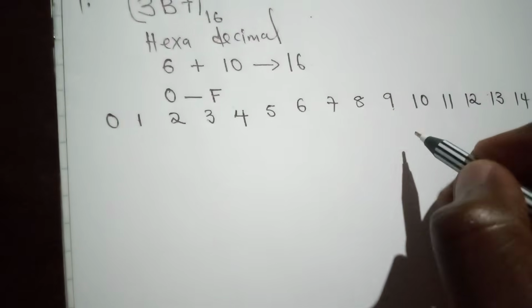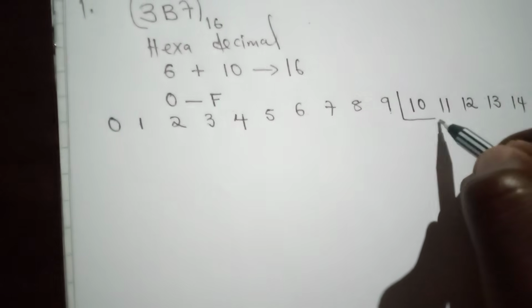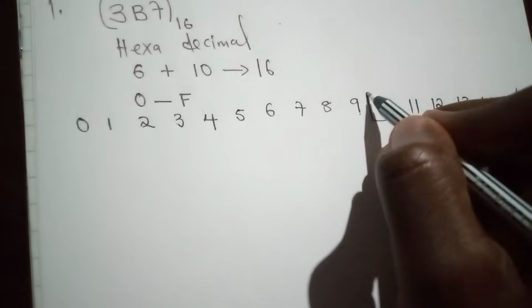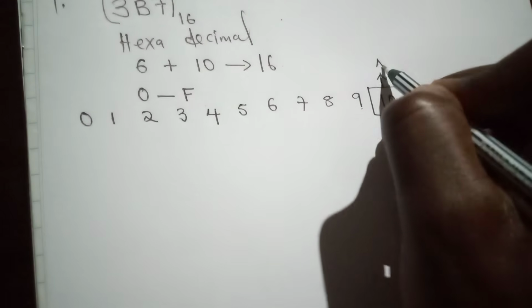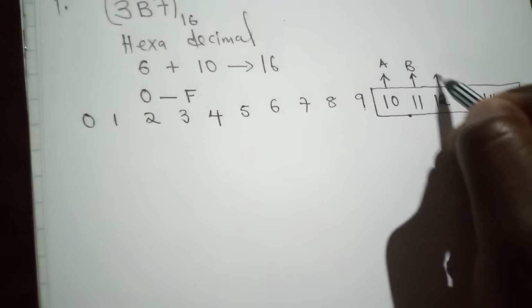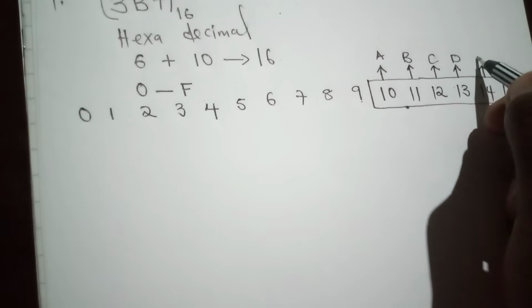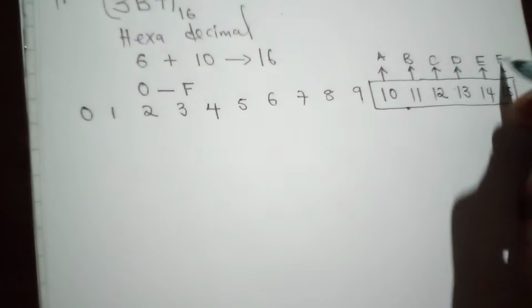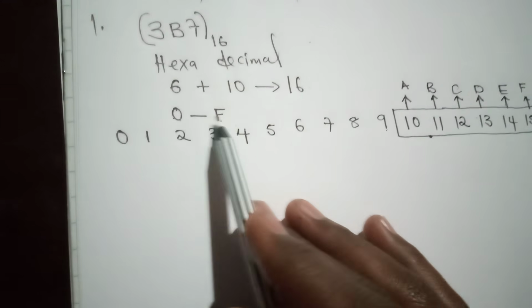In hexadecimal, the numbers from 10 up to 15 are represented by letters in alphabetical order. So 10 is A, 11 is B, 12 is C, 13 is D, 14 is E, and F is 15. So these numbers run from 0 to F, meaning 0 to 15.